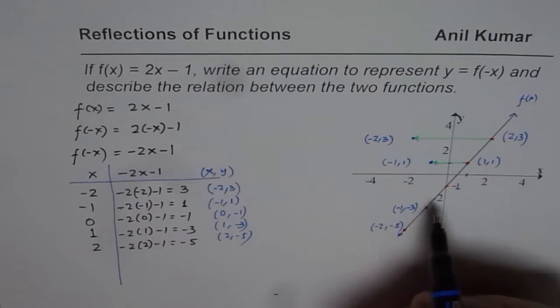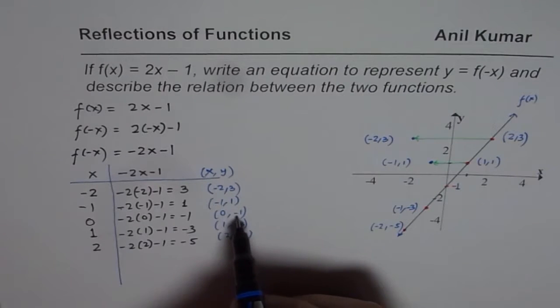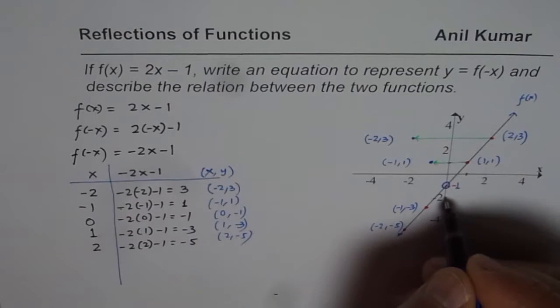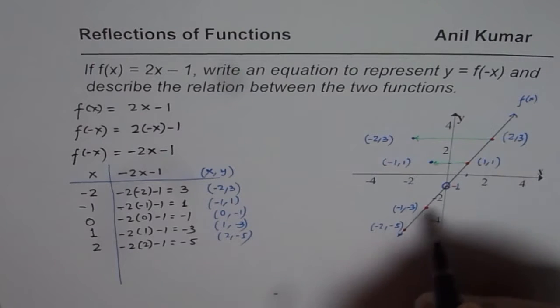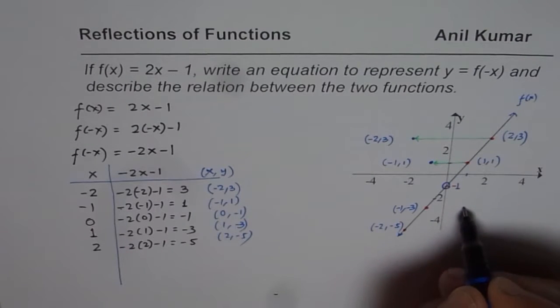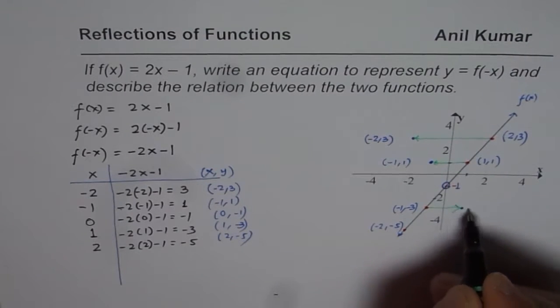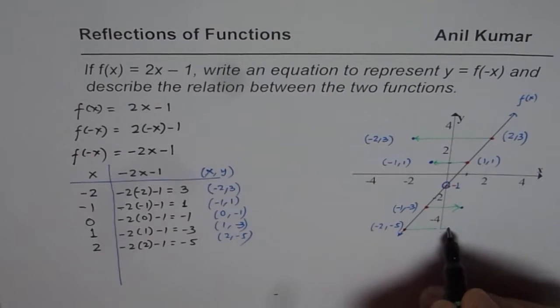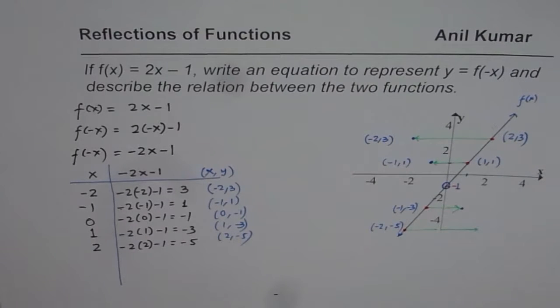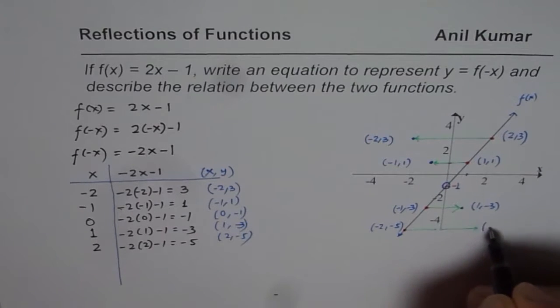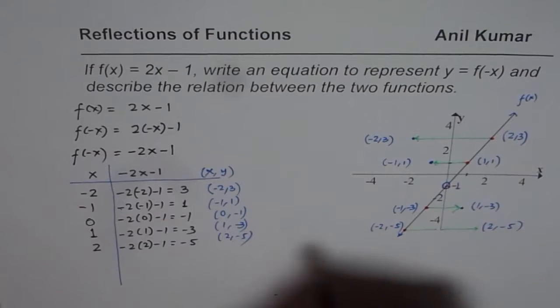Similarly, the other points. 0, minus 1 remains at the same point, that is the y-intercept. This is invariant, right? Then we have 1, minus 3. At 1, the value is minus 3. So we get a point here, and this point is also a reflection on the y-axis. Similarly, the other point is a reflection on the y-axis also, and we get 2, minus 5, correct?